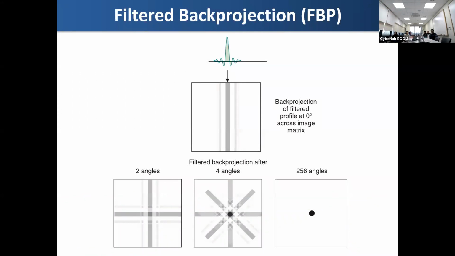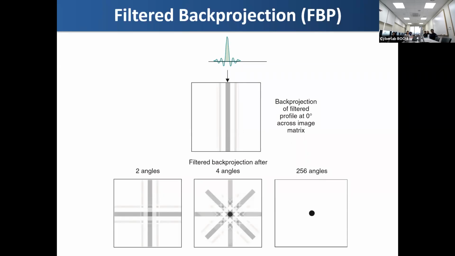The filtered backprojection was devised to mitigate the blurring. In filtered backprojection, we apply a kind of high-pass filter to emphasize the edge information and reduce the smearing of the projection data. Then we back project this filtered projection profile.